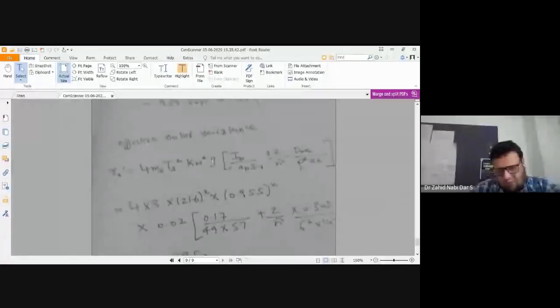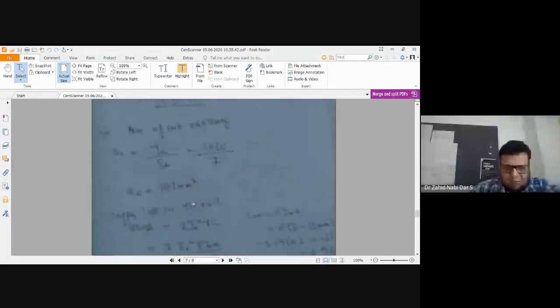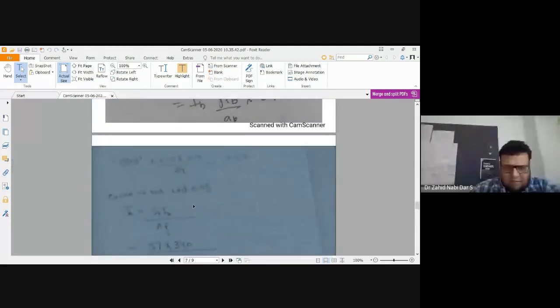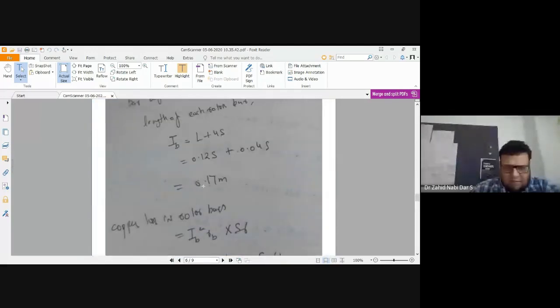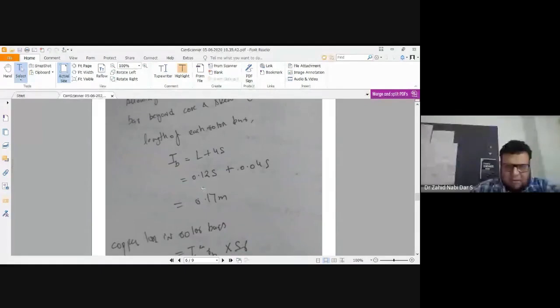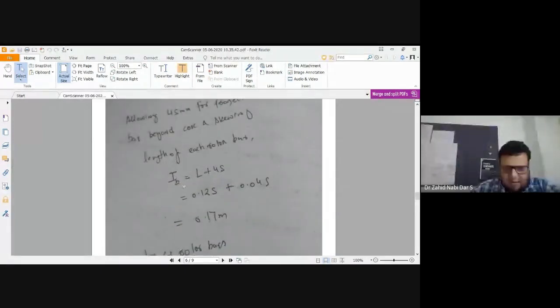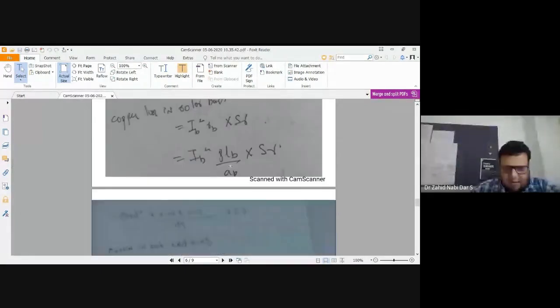This value is given as 0.02. The I_B value is what you calculated here. I think by mistake I have written a wrong value. No, sorry, this is not I_B, this is L_B, 0.17. It is correct only.